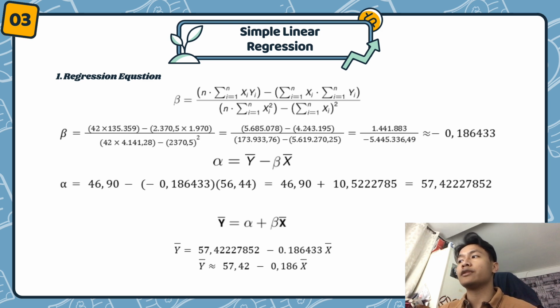Then we substitute into the formula: 46.90 minus 0.186433 times 56.44, so we got 46.90 plus 10.525222785, and the result is 57.44222782.